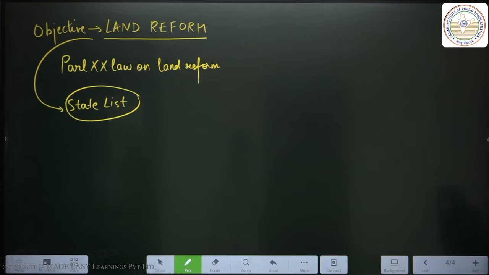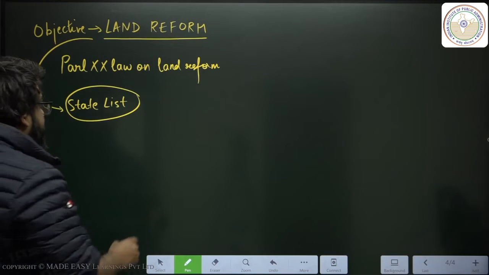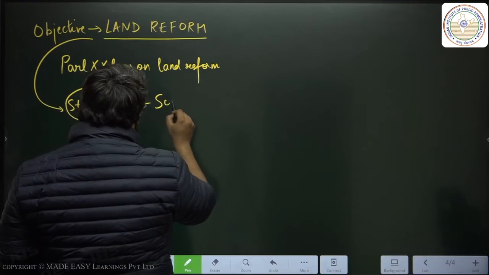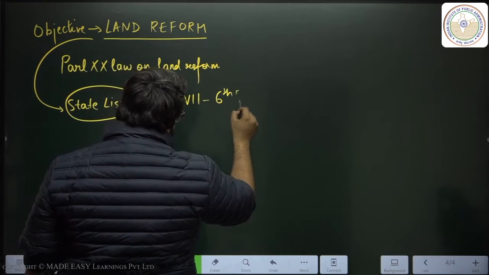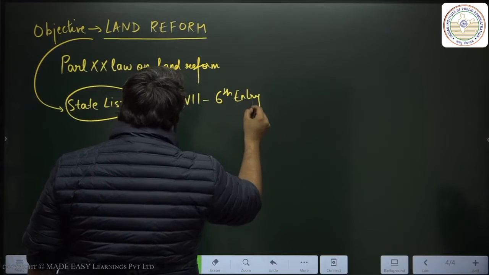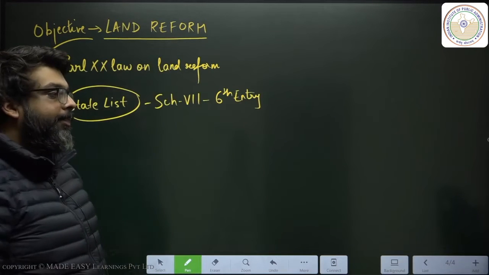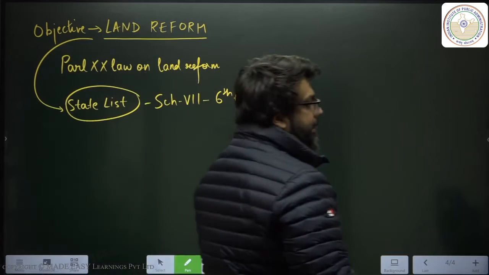And therefore, the only people who can make a land reform law like this are the state legislatures of India. Because if you open Schedule 7 and you read the 6th entry, you will find that land is a state subject.